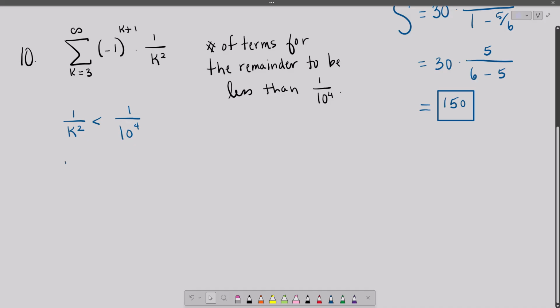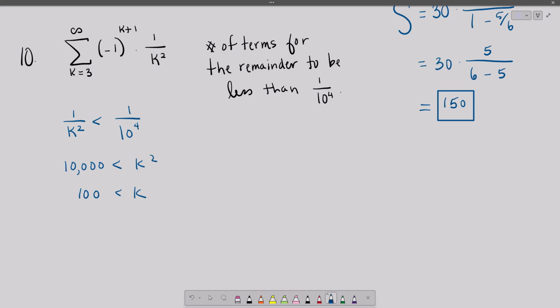All right, so then cross multiply, and 10 raised to the 4th power is that. That's k squared on the right, cross multiplication. We can take the square root of both sides. K is bigger than 100.